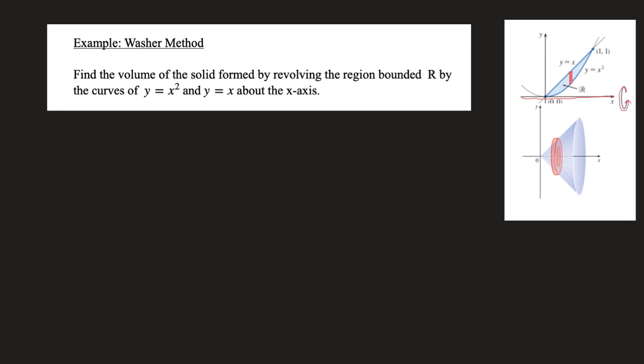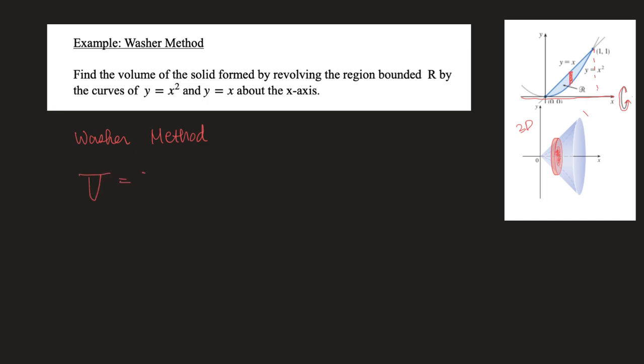In this case, look at this: it makes this 3D shape, and this shape has a hole in the disk. So we cannot use the disk method. Definitely we are going to use the washer method. This one is rotated about the x-axis.